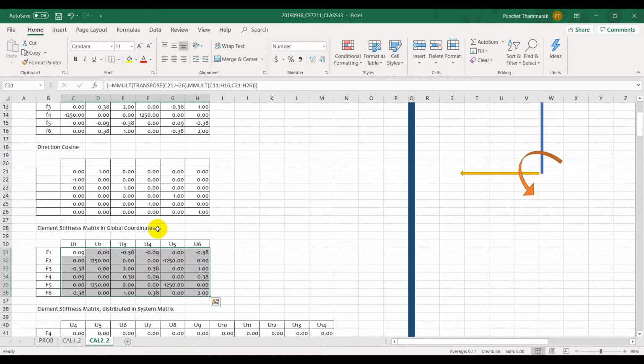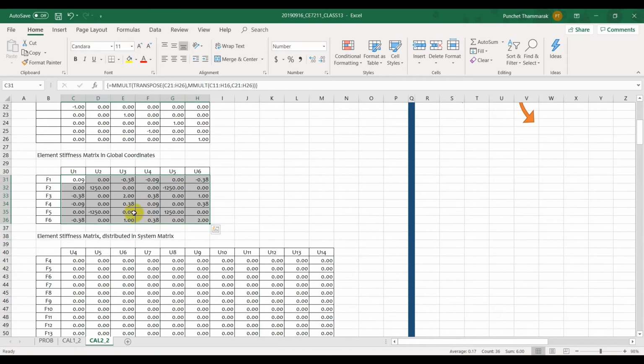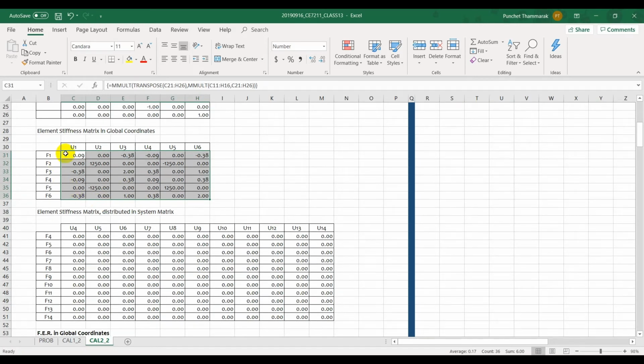Okay, I get this. And then we see that row-wise is the equation for F1 to F6, and column corresponds to the displacement in global coordinate U1 to U6.